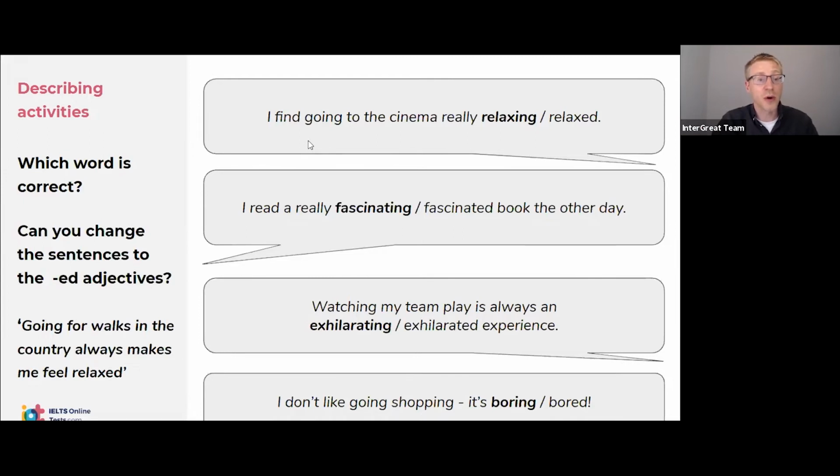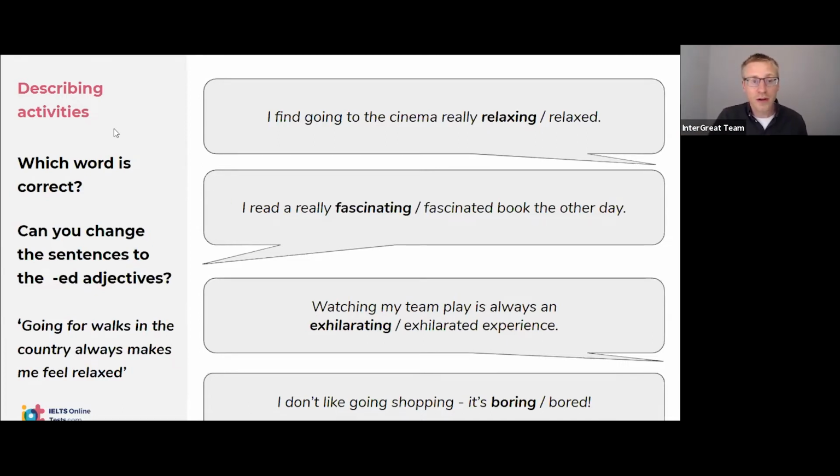Or going to the cinema makes me feel relaxed. I was fascinated by a book I read. My feeling, I was fascinated. Very good. Exactly. So when you're speaking, it's good to pay attention to the form of the adjective you're using. Okay, a very common mistake that students make.